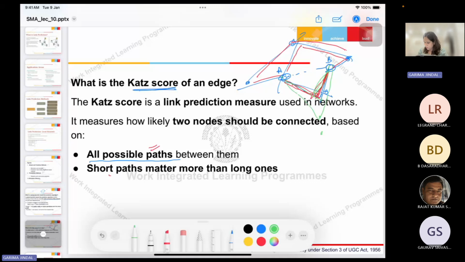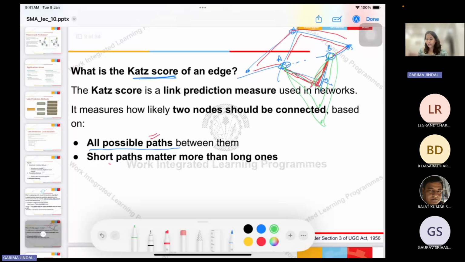If there are more shorter paths between two nodes, the score will be higher and the probability that these two nodes are connected is higher. So we want to give more preference to the shortest paths as compared to the longer paths. However, we are going to consider all the paths. So the first point is we consider all the paths, and the second point is that we give more preference to the shorter paths as compared to the longer paths.